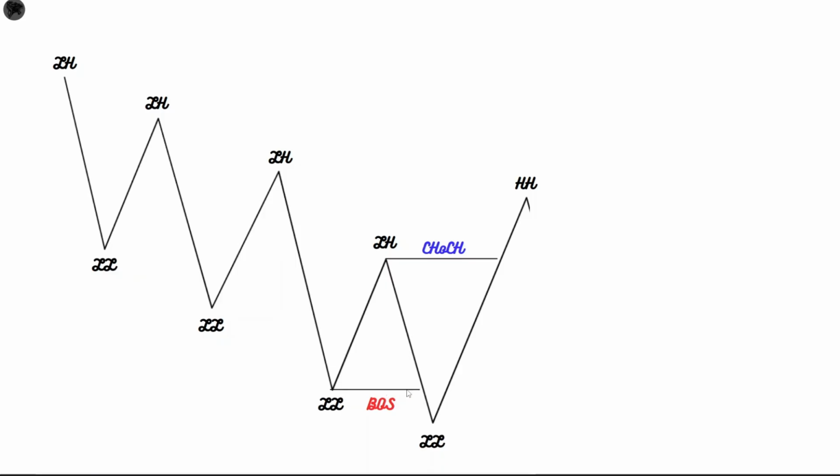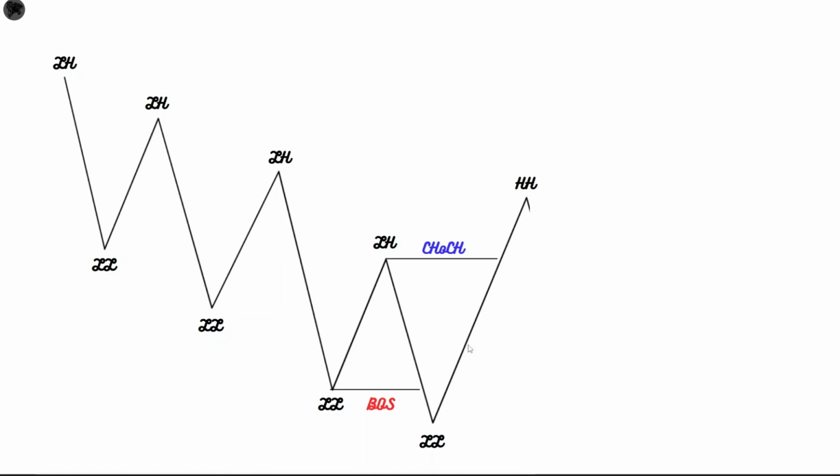This last break of structure before this change of character is essential. Why? This is what many traders don't really look at. But why this is essential is because, one, this serves as a liquidity sweep and it actually traps traders. It's going to make traders feel like, okay, price has been in a downtrend for a while now. Now, this next break of structure is most likely price trying to do the same pattern they did here.